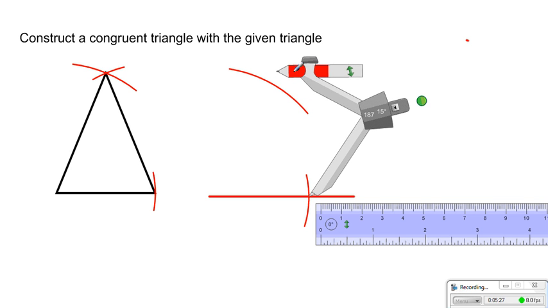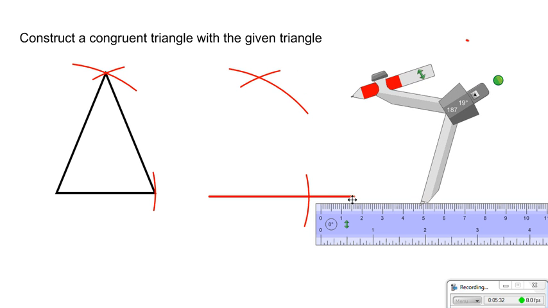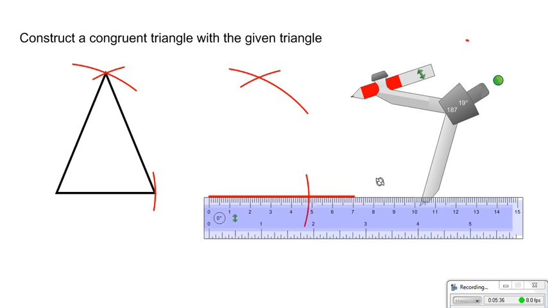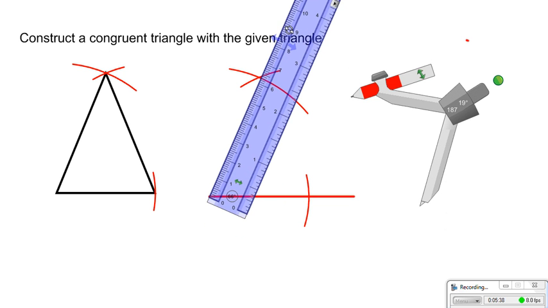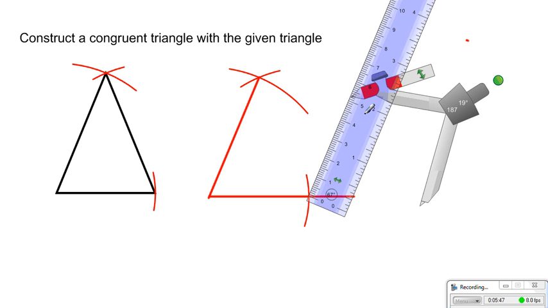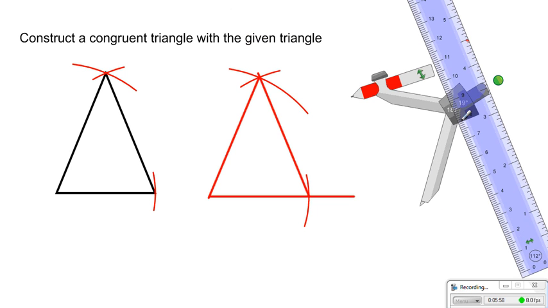And draw the third arc here. When we connect the beginning of the line segment to the intersection, then we get the second side, and do the same with the other part. Now we should have the triangle.